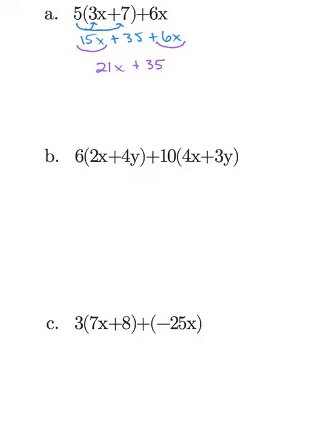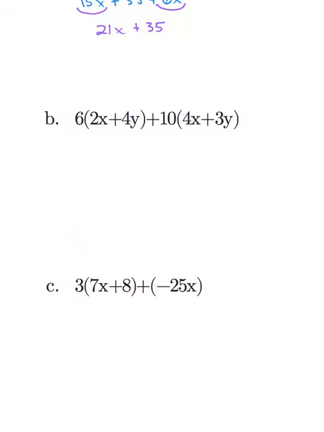All right, let's look at example B. Example B, we have 6 times (2x plus 4y) plus 10 times (4x plus 3y). Again, I want to start by getting rid of my parentheses or multiplying.